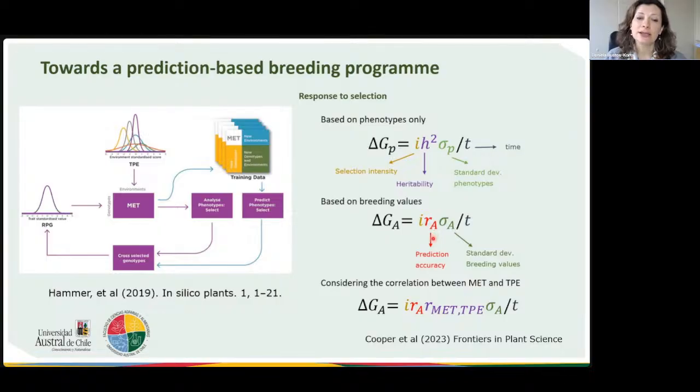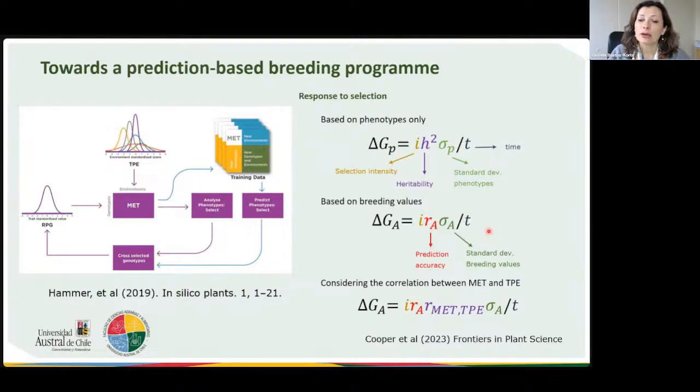So how precisely and how well we can predict the adaptation for another location that was not tested, or for another year that was not tested, for example. That's one thing. But then we also need to go a little bit beyond, because if I predict for, I don't know, Valdivia 2025, that's okay.